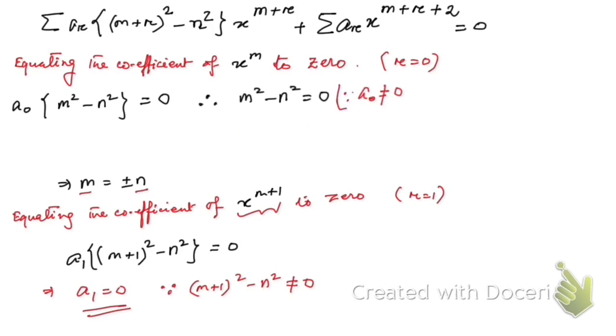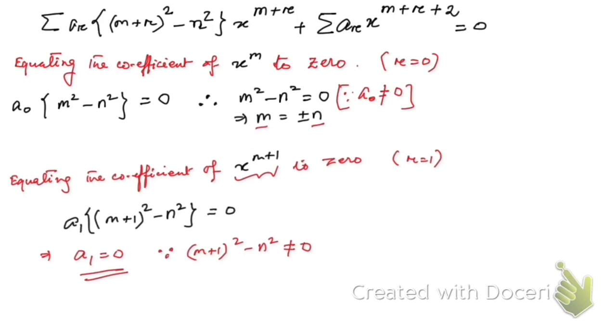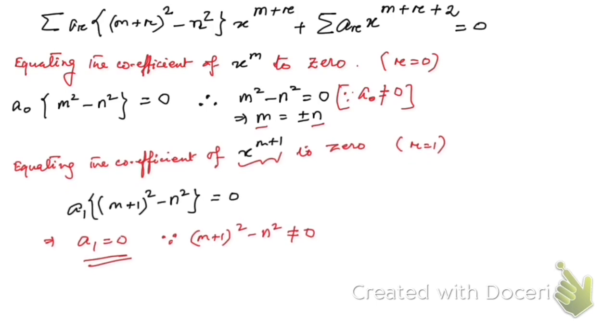Since a naught is not equal to 0, we have got this, and which implies this, right? So let me write those things here, okay?